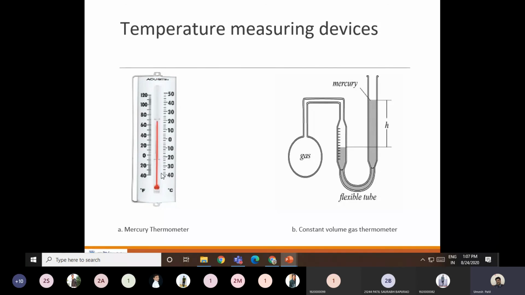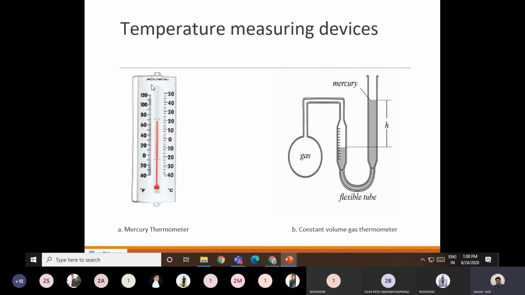There will be a marking provided on the glass tube which includes this capillary tube and bulb. So we can directly read the value of the temperature of that substance by using this scale. Here the scale is in degree Celsius as well as in Fahrenheit. So we can read temperature by using this mercury thermometer in degree Celsius as well as in degree Fahrenheit. So this is the construction and working of the mercury thermometer.